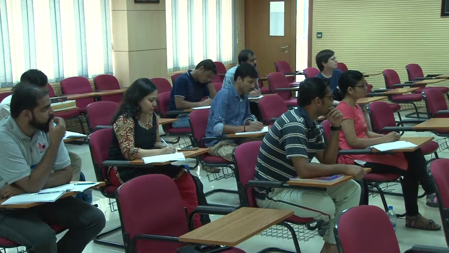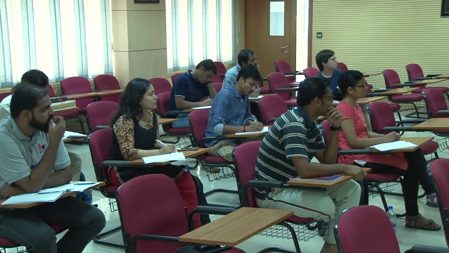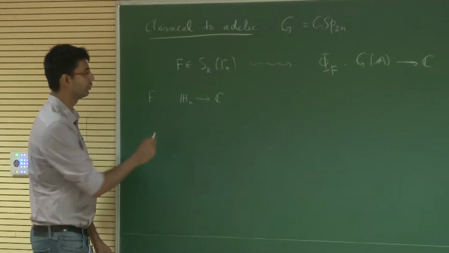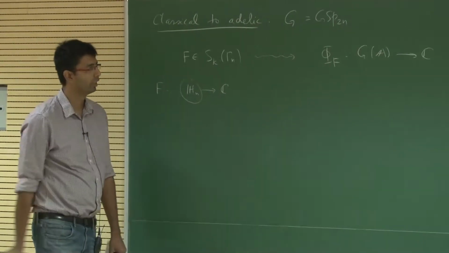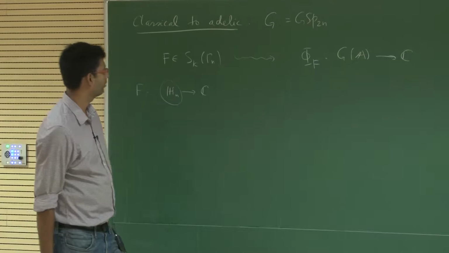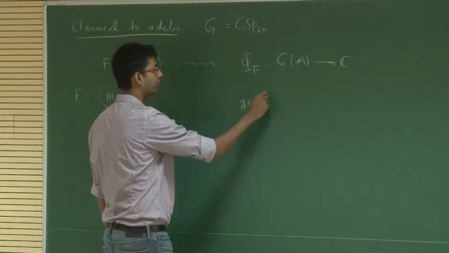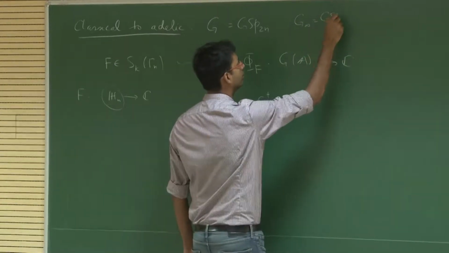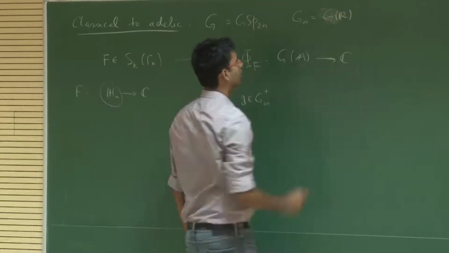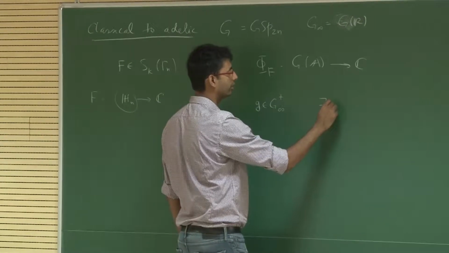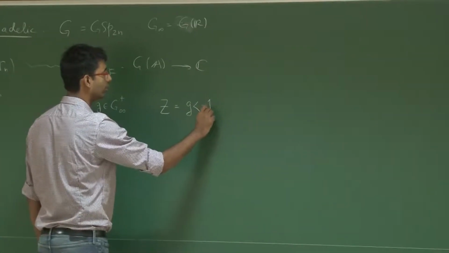Now the intuitive idea is the following. This f is a function from H_n to C. You look at the Siegel upper half plane, and how do you get it? You take any matrix g in G(R)^+, where G_∞ is G(R), that is GSp2n(R), and your Z can be written as g·(i·1_n).